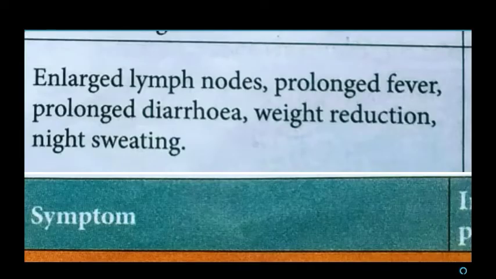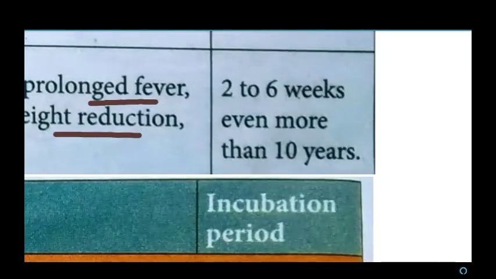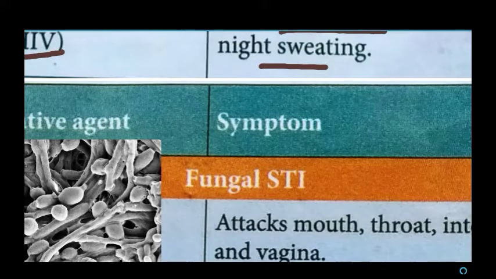The symptoms of HIV infection are enlarged lymph nodes, prolonged fever, prolonged diarrhea, weight reduction, night sweat. So these are the symptoms of HIV. The incubation period of this virus is 2 to 6 weeks or even more than 10 years. So that's all about the viral STI.